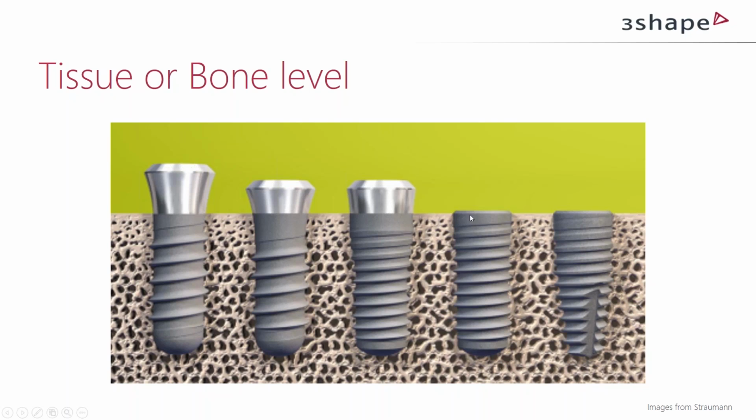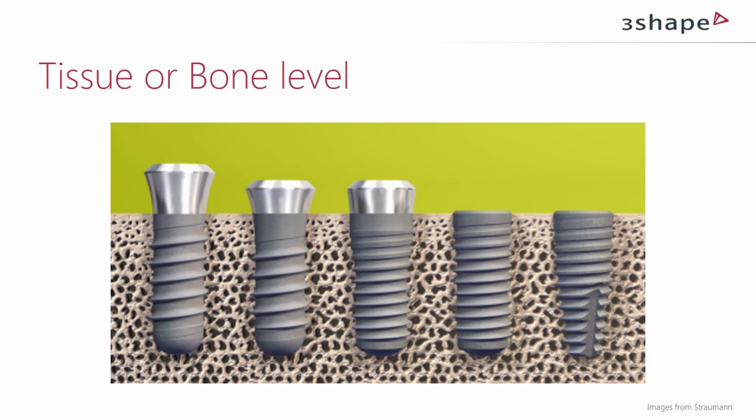But we have also from the same company bone level implants, which are covered by the soft tissue during healing, and then you will penetrate the tissue and place an abutment in the same position. So which way to go? What is to prefer? And sometimes it's actually the surgeon's favorite that will decide which way to go.